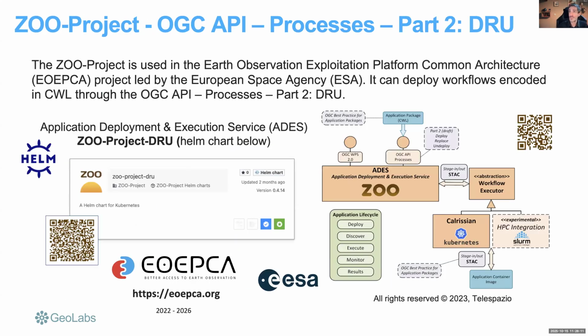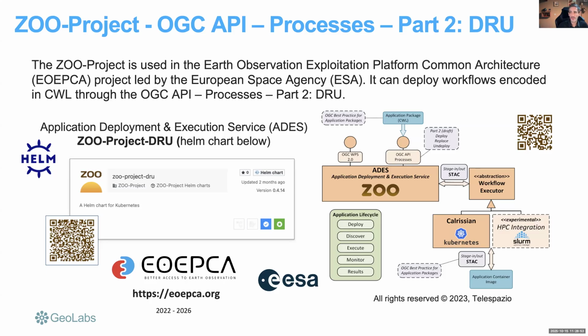The ZOO-Project and its support for OGC API Processes Part 2 Deploy, Replace and Undeploy, so DRU, was funded by the European Space Agency through the EOEPCA, Earth Observation Exploitation Platform Common Architecture. EOEPCA was the first project, and we are currently in EOEPCA Plus, which is including other components in the platform. With this implementation, the ZOO-Project changed the way it handled processing.